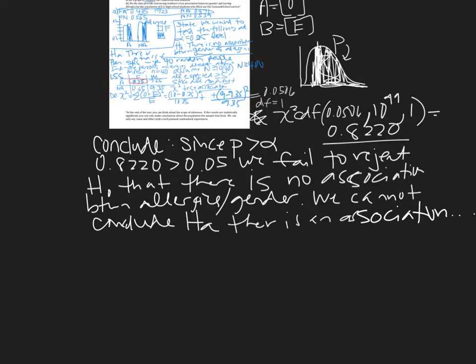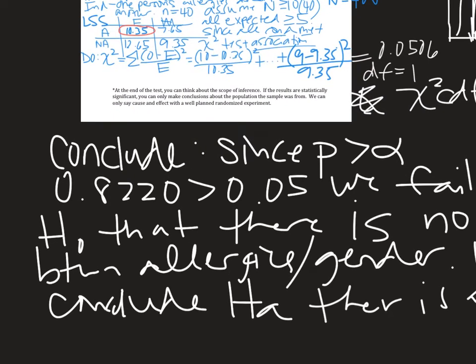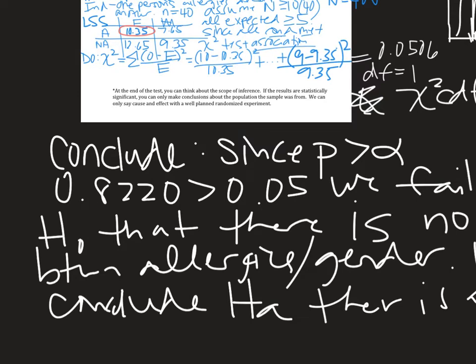Okay? All right. At the end of the test, you can think about the scope of inference. If the results are statistically significant, you can only make conclusions about the population from the sample it was from. We can only say cause and effect with a well-planned randomized experiment. All right, so just good reminders there.